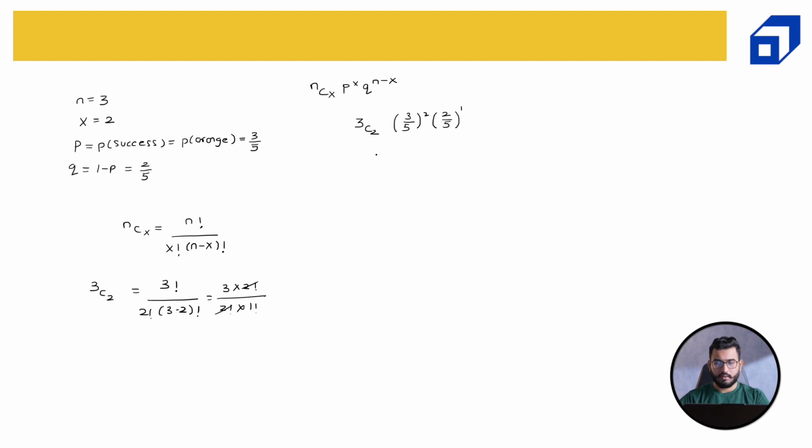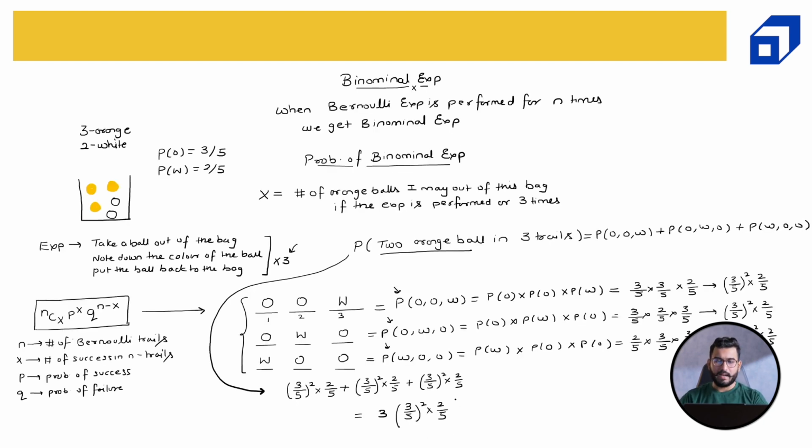So 3 times 3 by 5 to the whole square into 2 by 5. And here you can see we have already done this manually. So using this formula, you can find out the probability of the number of successes, which is x, in n Bernoulli trials, which becomes binomial, right?